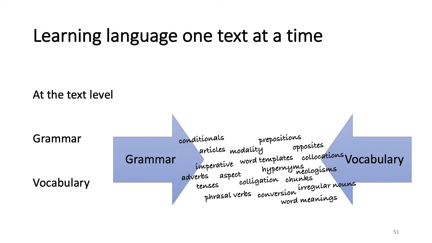So here you can see that, for example, word templates and colligation and hypernyms, they're not specifically grammar and they're not specifically vocabulary, they're somewhere in the middle. So it's a very interesting way to think about language, and it's a very true, a very genuine fact that language does work like that, not just as separate entities.